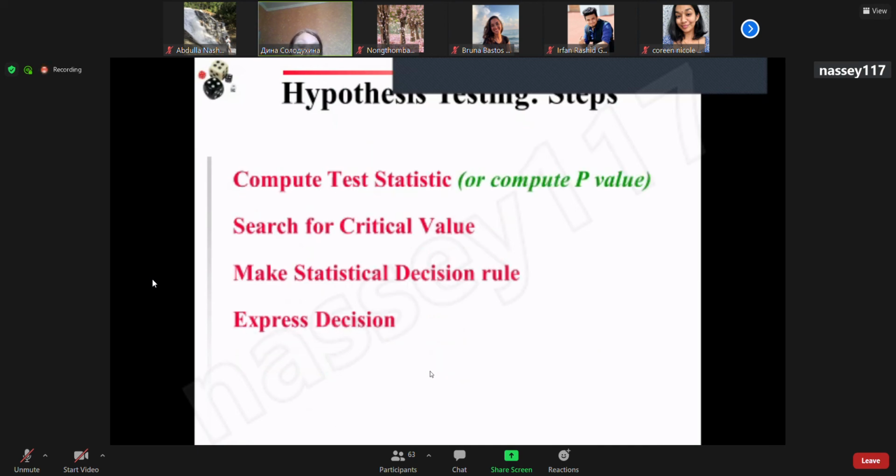In hypothesis testing we calculate the test statistic, but actually what we are interested in is just the p-value. When we use computer software, it's very easy, but you pay attention to the p-value, how much it is, and if it is small enough, we can reject the null hypothesis. We search for the critical value, we make a statistical decision rule, and finally make a decision.